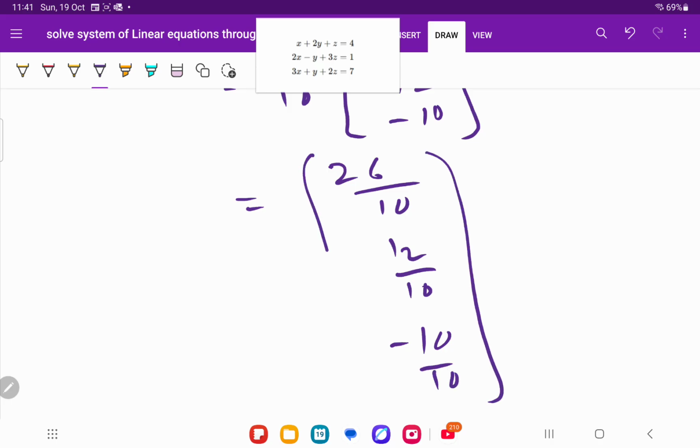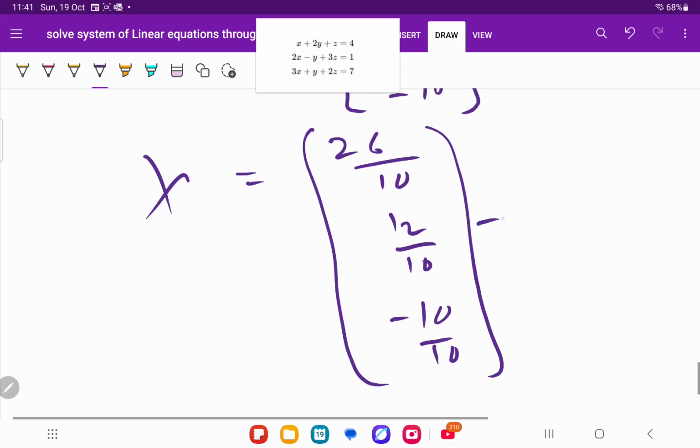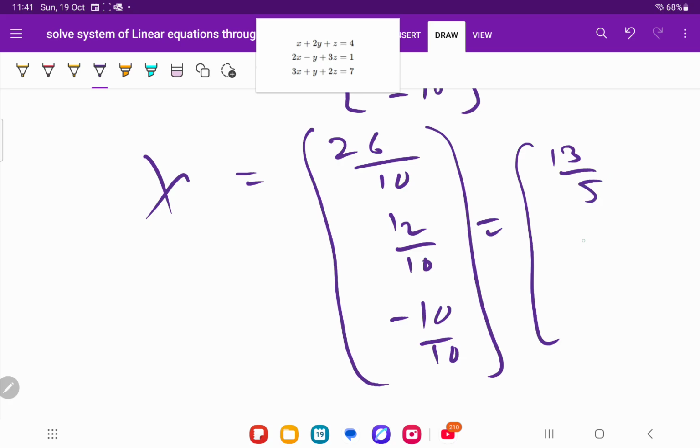What is outside we have moved inside. So it is 13 over 5, it is 6 over 5, it is minus 1. Okay, so that's what we have obtained. X is 13 by 5, y is 6 by 5 and z is minus 1.